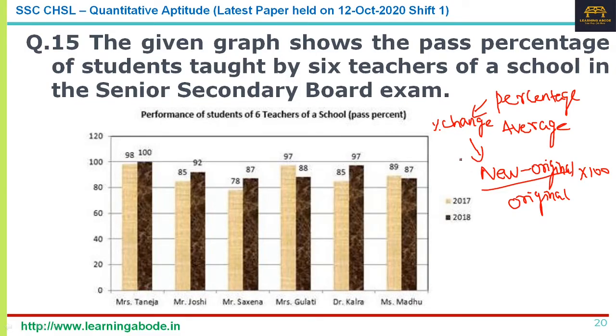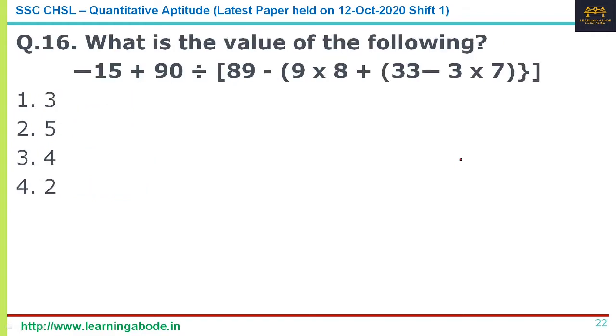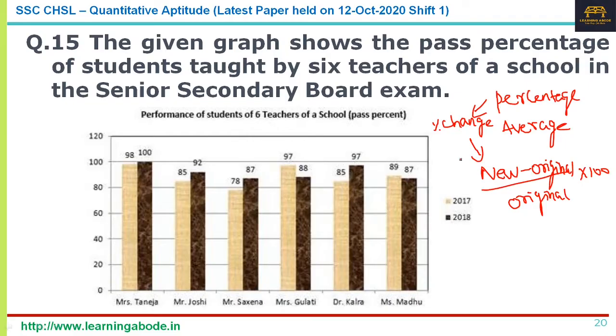The question is who has shown the maximum improvement, whether it's Joshi, Kalra, Taneja or Saxena. So we'll consider only those four: Joshi, Kalra, Taneja and Saxena. Gulati and Madhu are not considered because their numbers have come down.